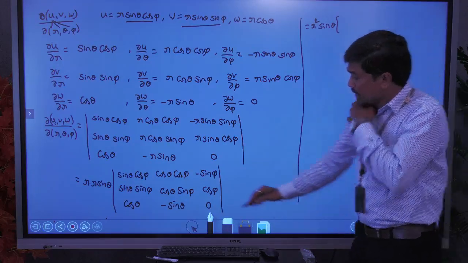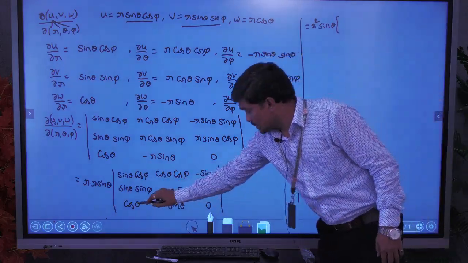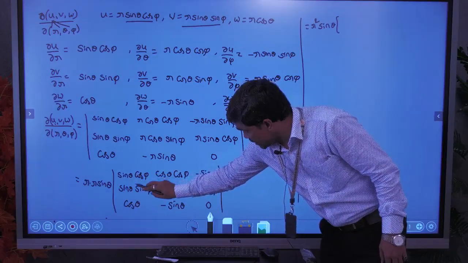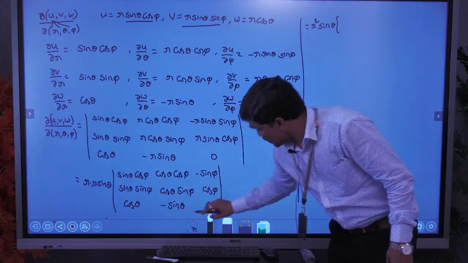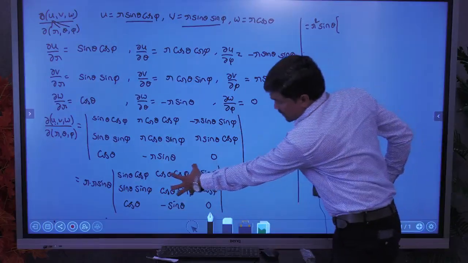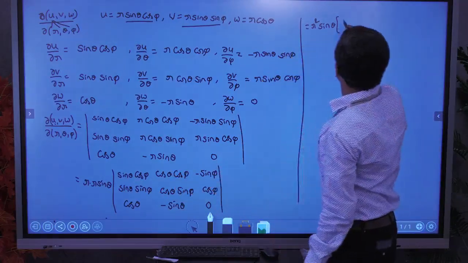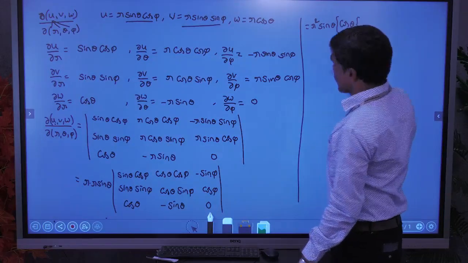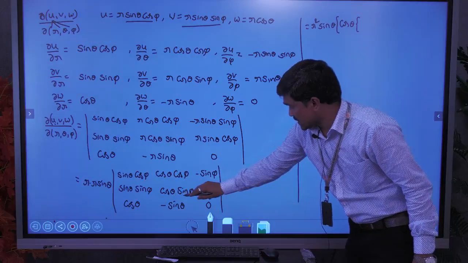Now the determinant of these values: cos theta, take the common column and row, then we get the determinant of this matrix.